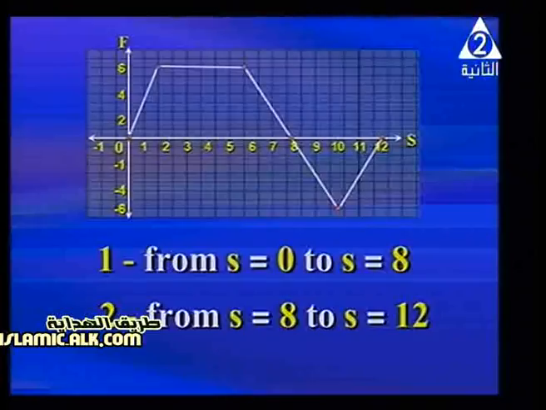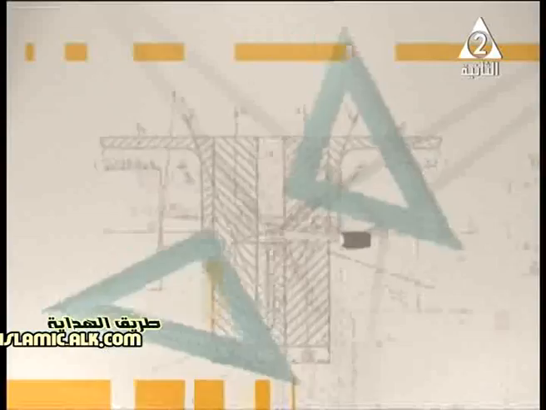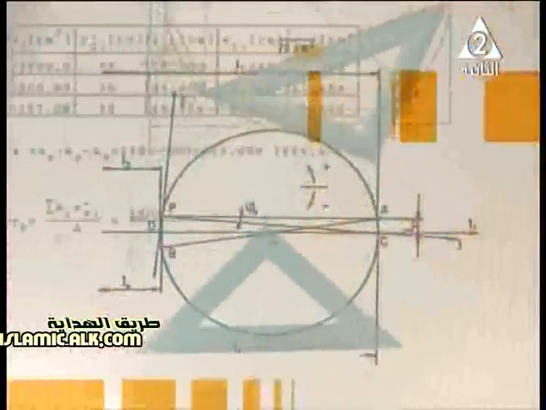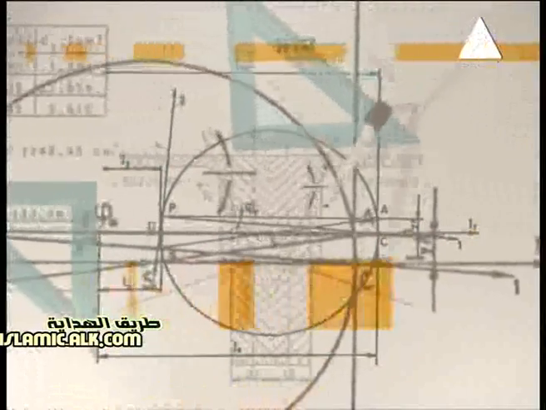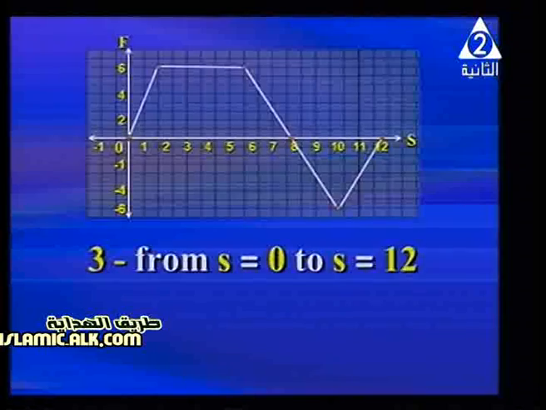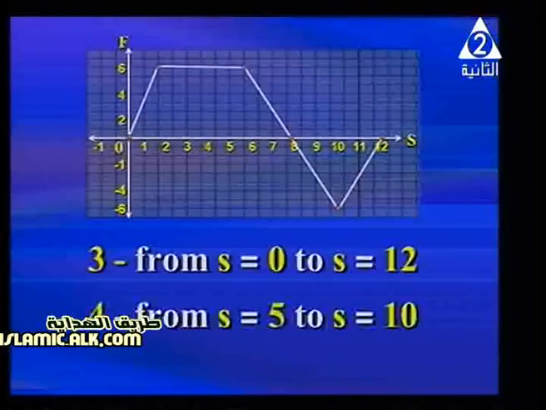The area of a triangle. The area of a triangle is base times height, but the area of a trapezium equals (base 1 plus base 2) over 2 times height. After that, how to find the work done from s equals 0 to s equals 12, and from s equals 5 to s equals 10.